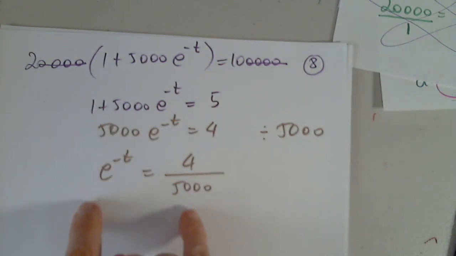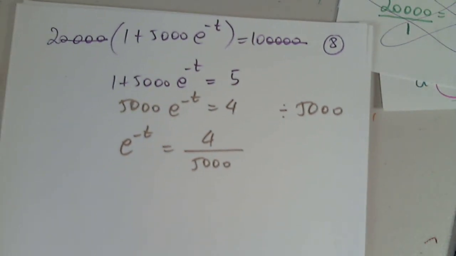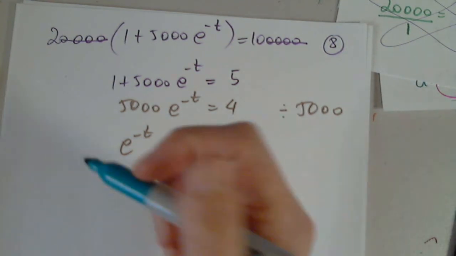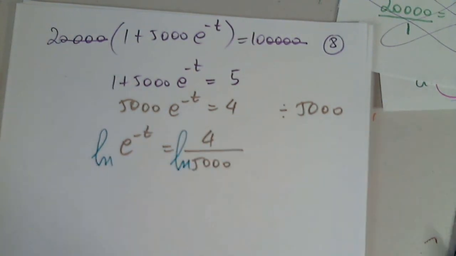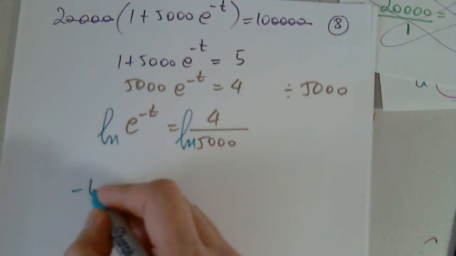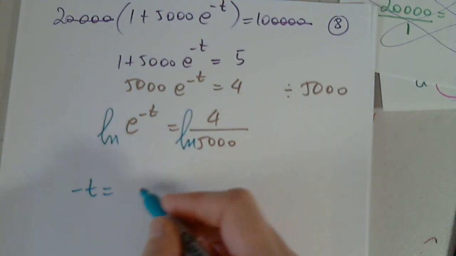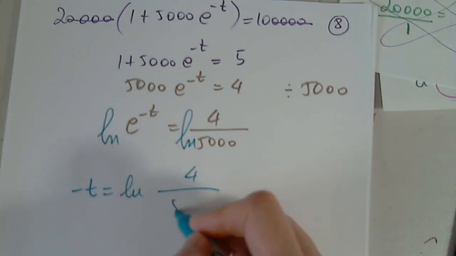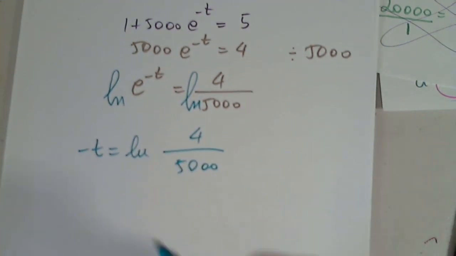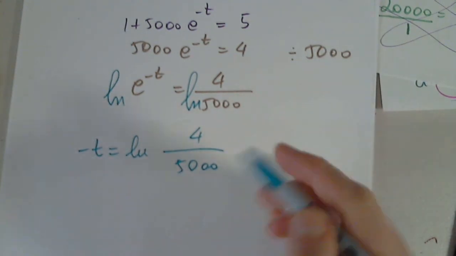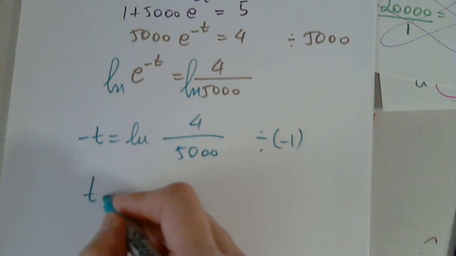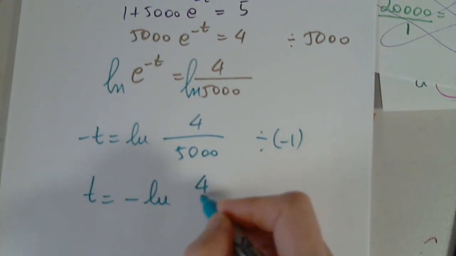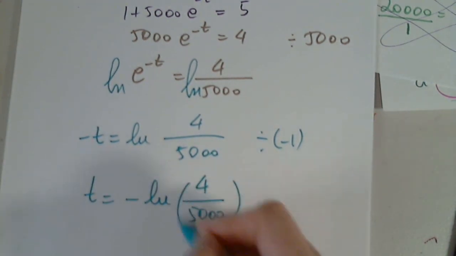What should I do to both sides to bring the negative t in front? Natural log. Negative t, natural log e is 1. Natural log of 4 over 5,000. The only thing I need to do is divide by negative 1, or multiply by negative 1. Same thing. So t equals negative natural log 4 over 5,000.